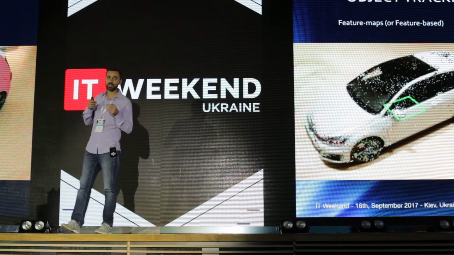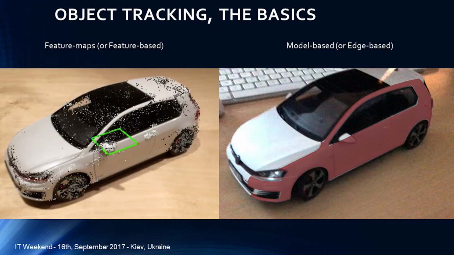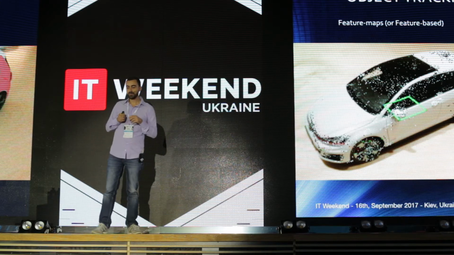And basically it works by finding edges, important edges of the object. Simply stated, with the feature-based approach, you search the surface of the object you want to recognize and track, but using the edge-based approach, you recognize shapes, more or less.